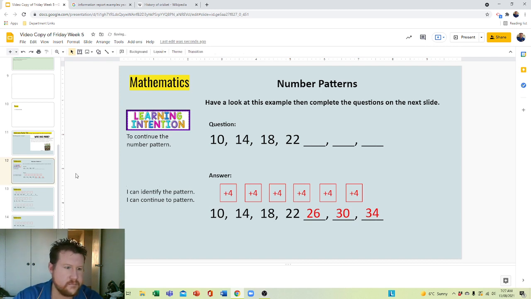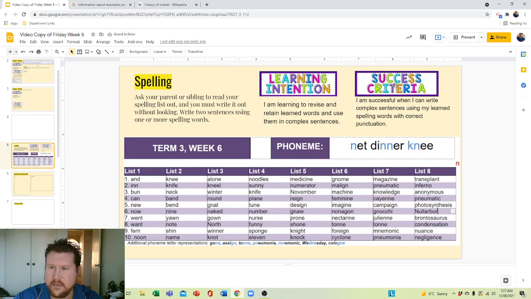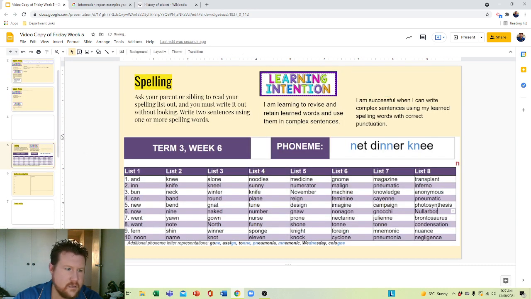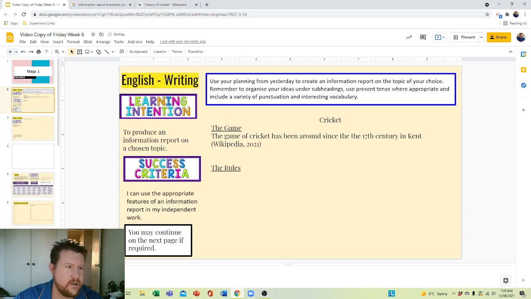Delete all the success criteria labels. Delete them all. And that way we know that you've watched it to the end of the slide.